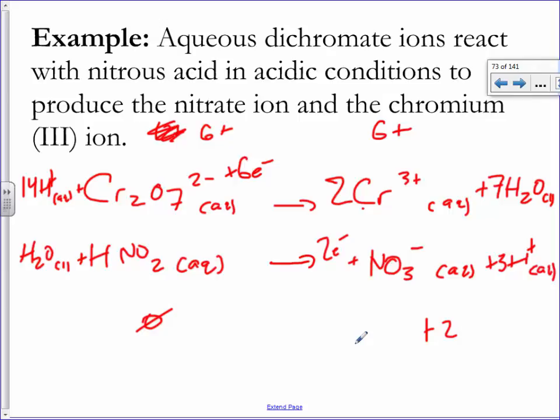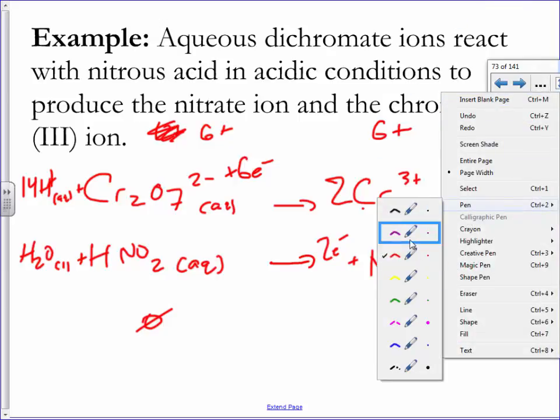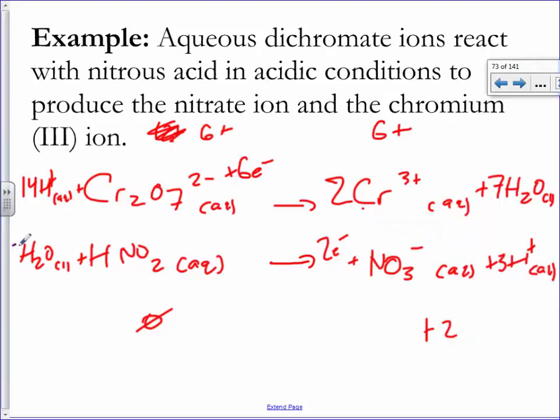Okay, so now we're at the stage where we've been at before. You need to start canceling. But we're not there yet, though, because 6 electrons and 2 electrons don't fit. So triple this guy, triple that guy. Triple this one up to 6, triple that one to 3, and triple this one to 9.